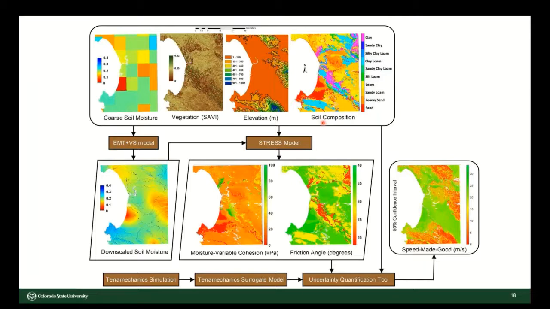Again, to tie everything together, the EMTBS model is a very powerful tool that's used to downscale soil moisture from coarse resolution to fine. The stress model is then able to take soil composition and this downscaled soil moisture in order to produce maps of soil strength, specifically moisture-variable cohesion and friction angle.